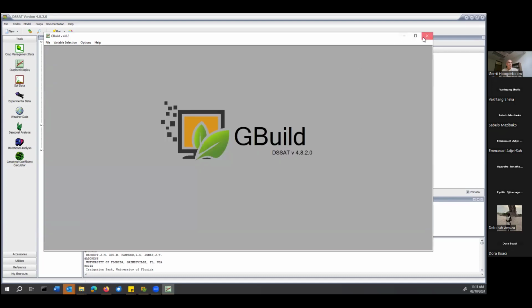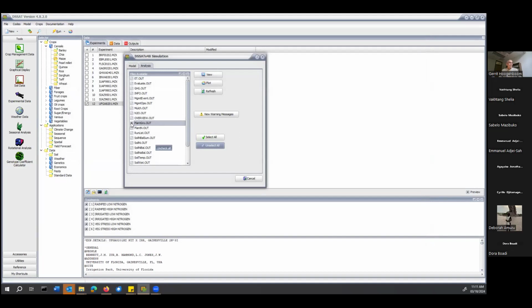So I can close this, and I can look at some other variables. For instance, I might be interested to see what the weather conditions were during this experiment. Although we read it in as input, we also write it back out as daily weather data. So we can click on plot, weather.out.